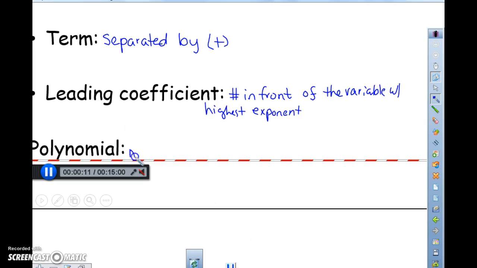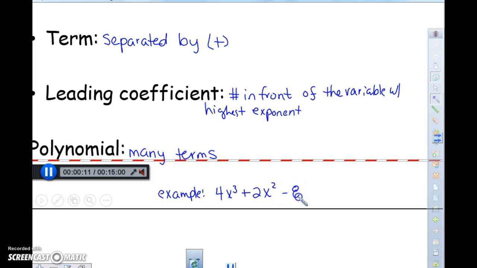A polynomial means many terms. So an example would be something like this. For this one, as our example, the highest exponent is 3, so this is our degree.